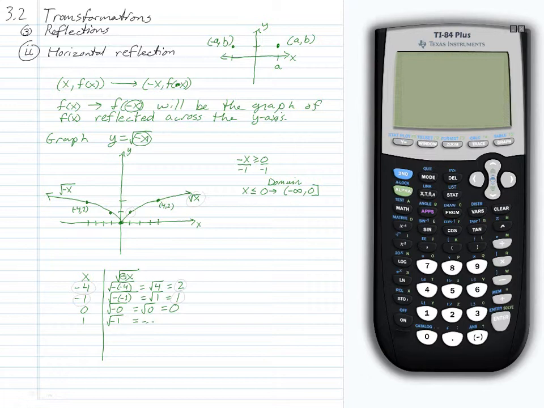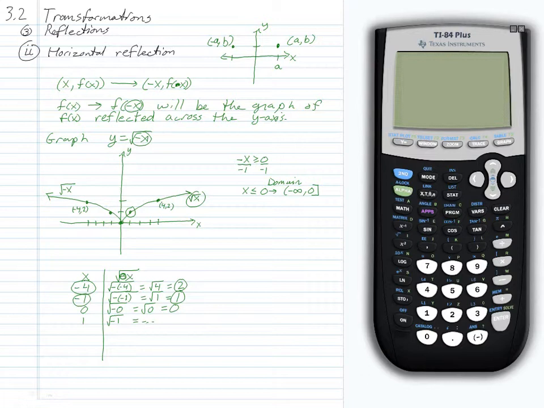On the original graph of our function, in order to get 2, we would have to plug in positive 4. Now we're plugging in negative 4. In order to achieve y equals 1 on the original graph, I had to plug in positive 1. Now I have to plug in negative 1 because I have a negative to compensate for.